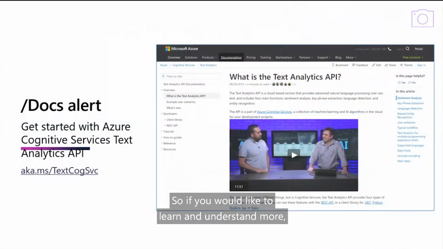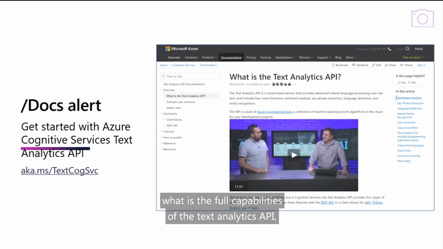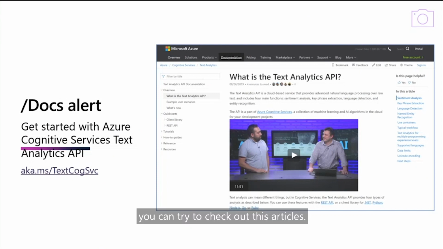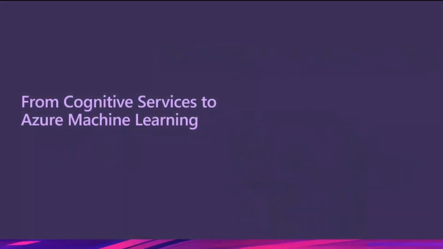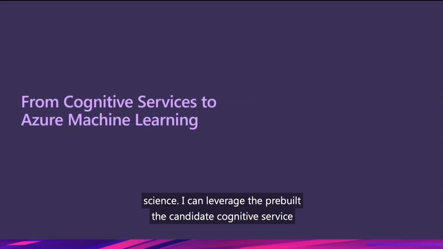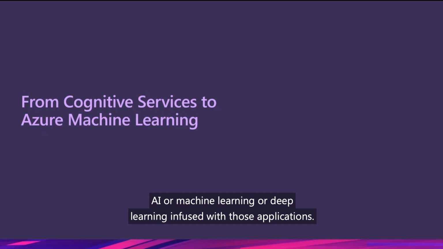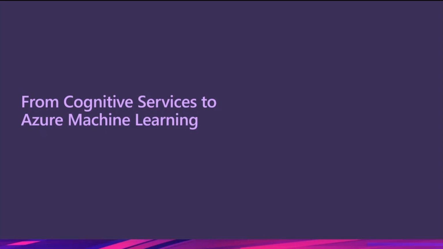So if you would like to learn and understand more about the full capabilities of the Text Analytics API, you can check out these articles. So this is the first step. You can see that even if I don't have very deep knowledge of machine learning or data science, I can leverage the pre-built cognitive service, which is Text Analytics, to build my AI, machine learning, or deep learning infused applications.